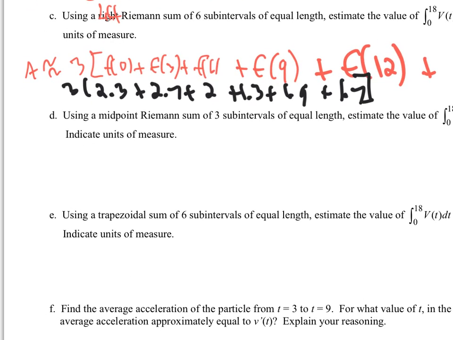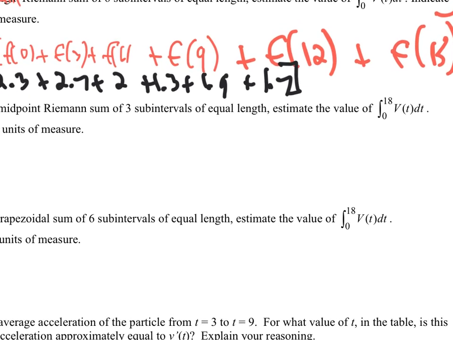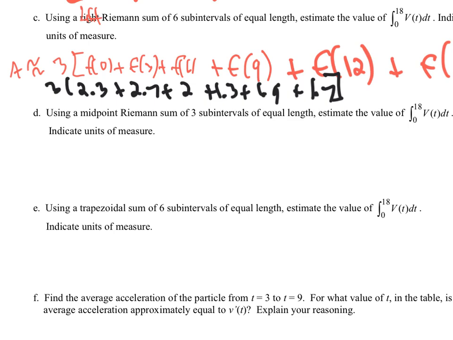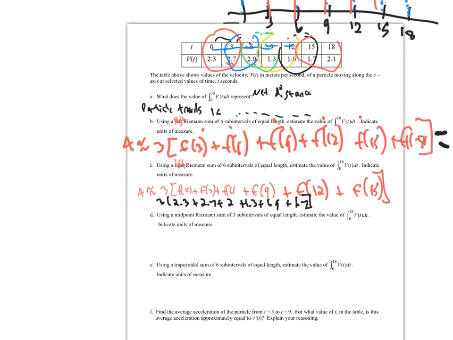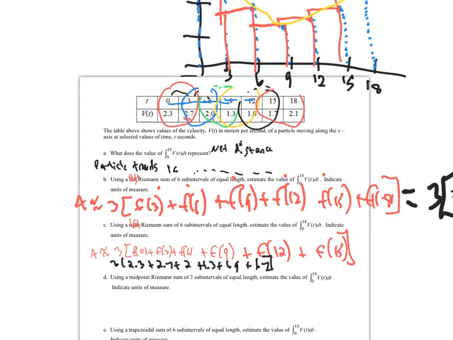Use the midpoint Riemann sum of 3 subintervals of equal length. Okay, so that's a little different. Let me erase my annotation on the table.